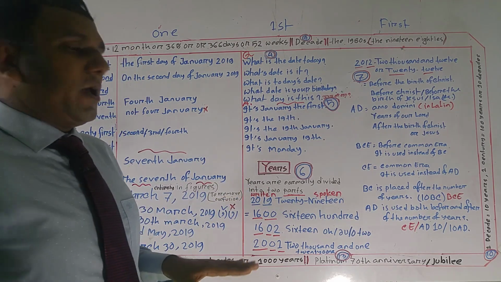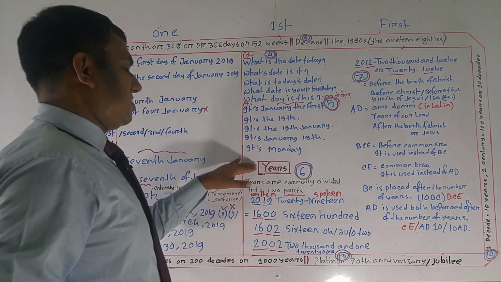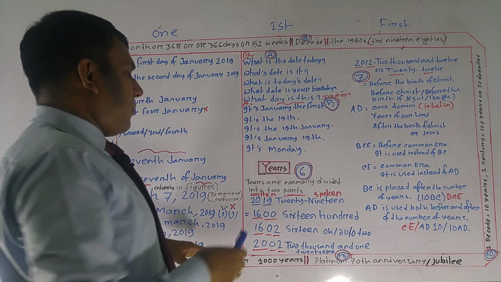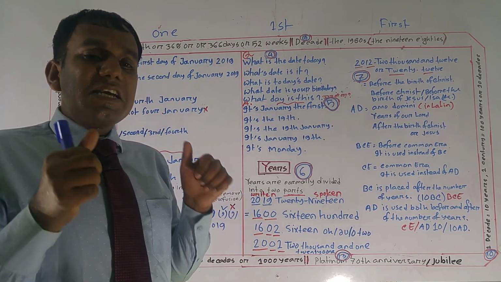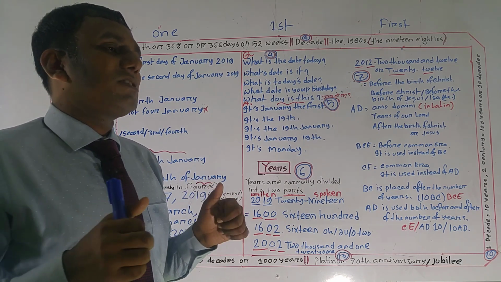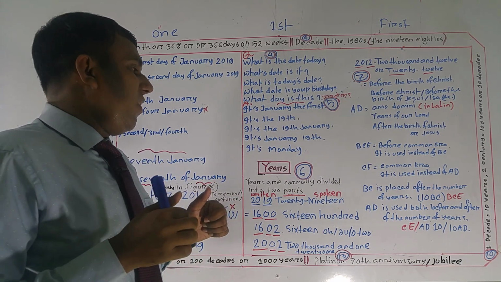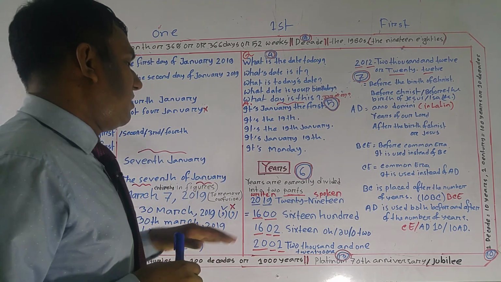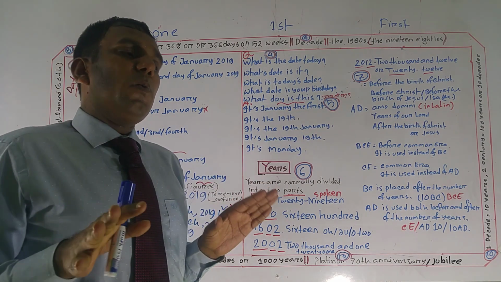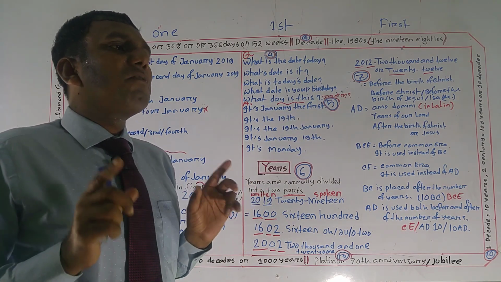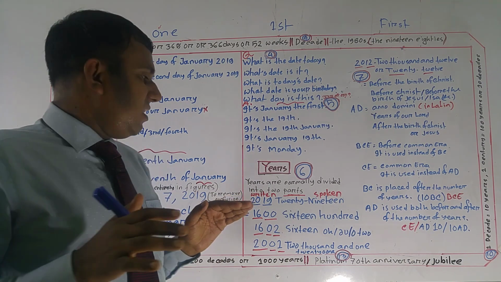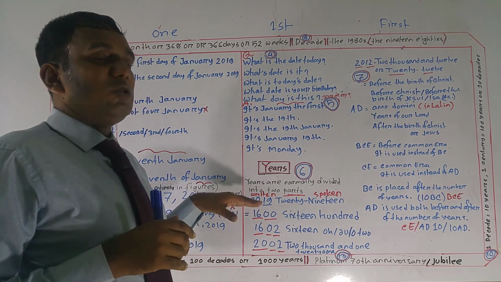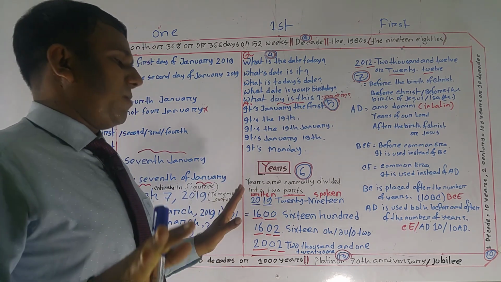Now in number 6, years. Here we are telling the time and question. In the 6th number, we are telling about the year: how to write years in different situations, or how to tell the year to someone. Nowadays we find years in 4 digits, and that's why we use these 4 digits to tell the years to someone.